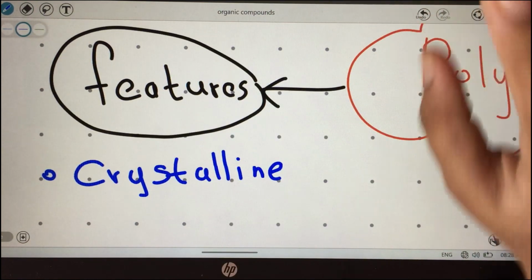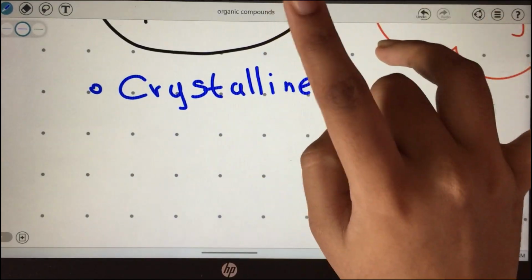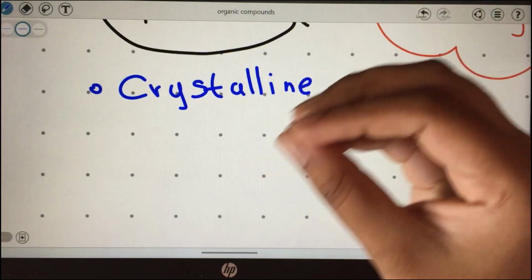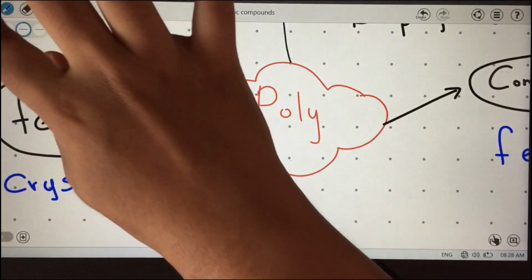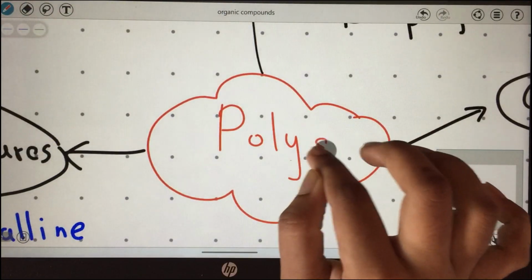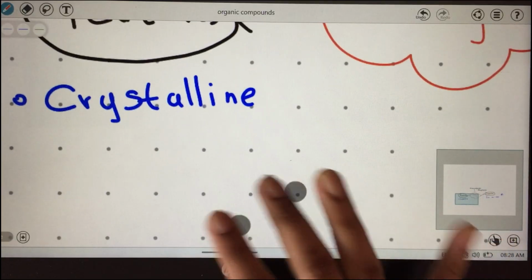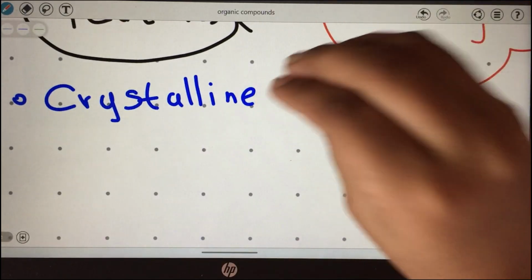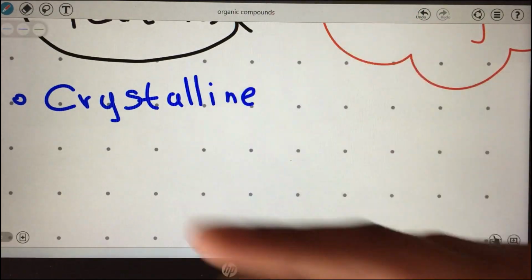Now in disaccharides I told you that they are water soluble. But remember I told you that polysaccharide is not considered as a sugar, although it has that saccharide term. Although it's considered as a carbohydrate, it's not a sugar. So if it's not a sugar, it's not soluble in water.